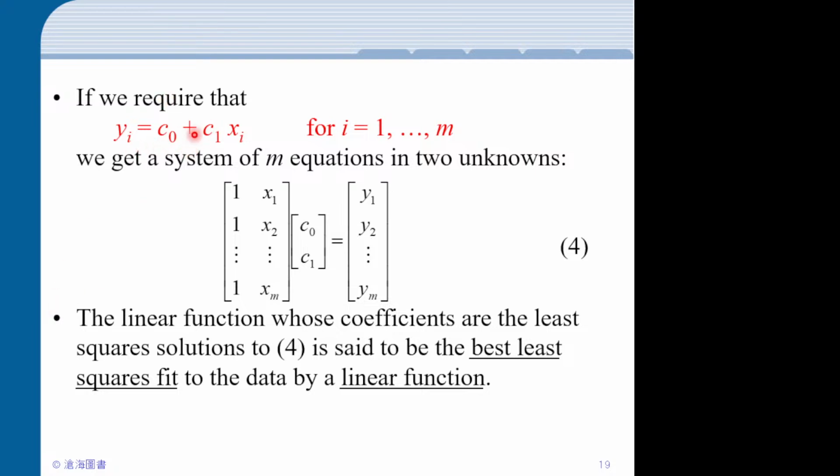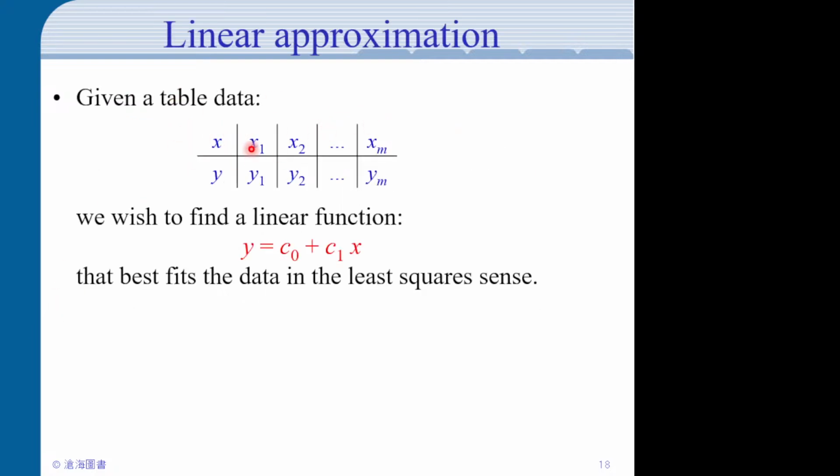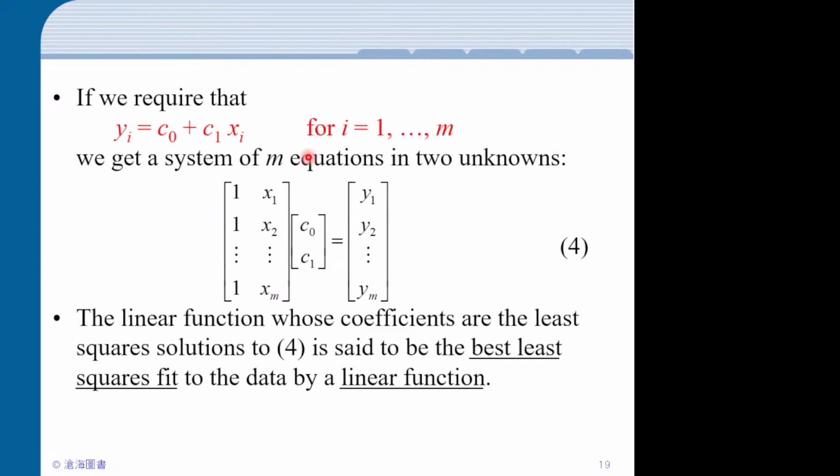It's a little confusing because we have been using x as the variable, but now the unknown variables to solve for are actually c0 and c1. The x becomes part of your A. So you have a column of 1s and x1 to xn as your matrix, and this A matrix times (c0, c1) should be equal to your y vector. So this equation is like trying to satisfy all those equations, right?